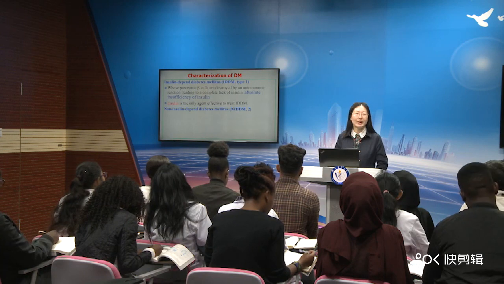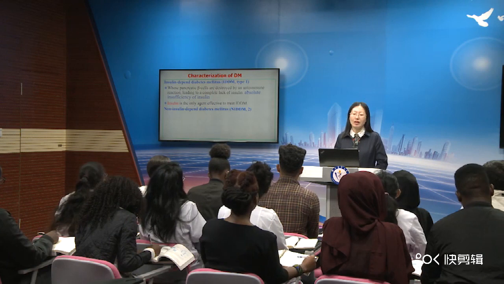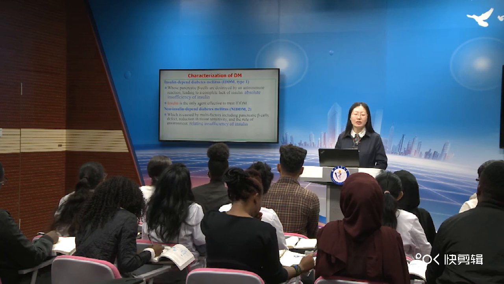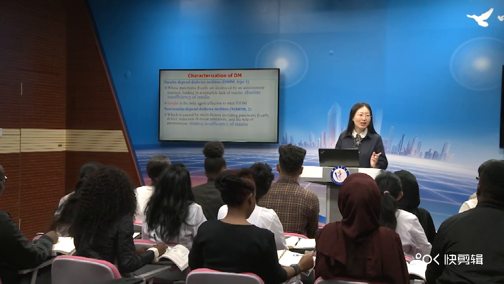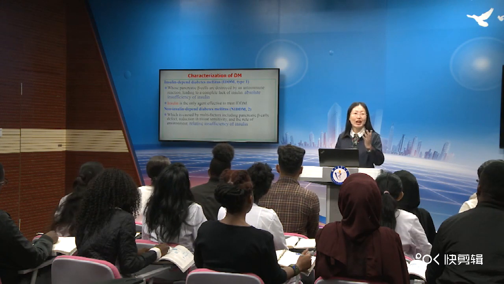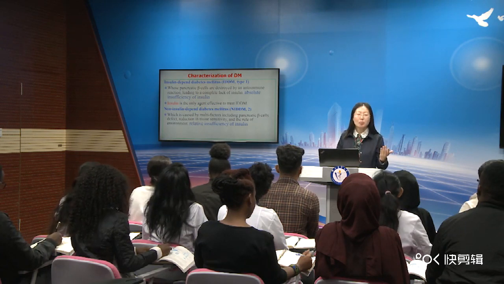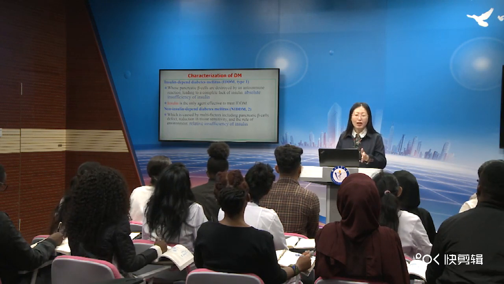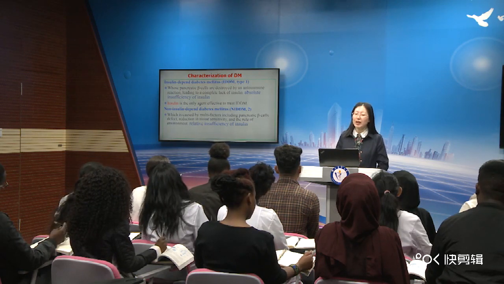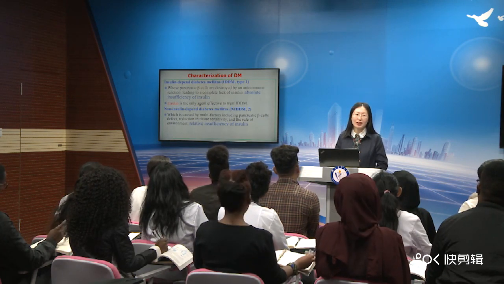The second type is non-insulin-dependent diabetes mellitus, which is caused by multiple factors, such as family history, diet, and environmental factors, including pancreatic beta cell defect and reduction in tissue sensitivity.